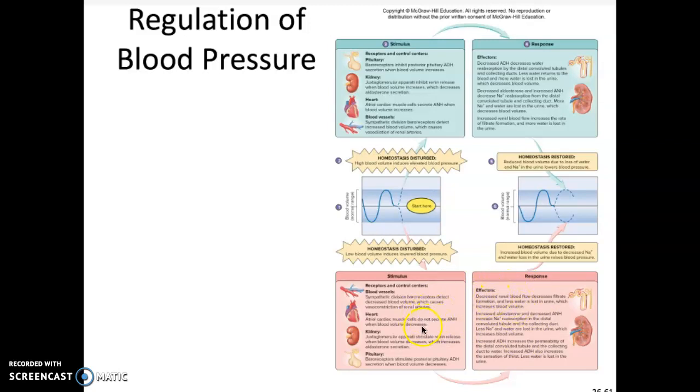We're going to have less atrial natriuretic hormone, and then we're going to have more aldosterone, and we're going to get more sodium and more water into the blood, increasing the volume and blood pressure. And finally, we're going to have the production of the antidiuretic hormone in order to save more water inside the body.